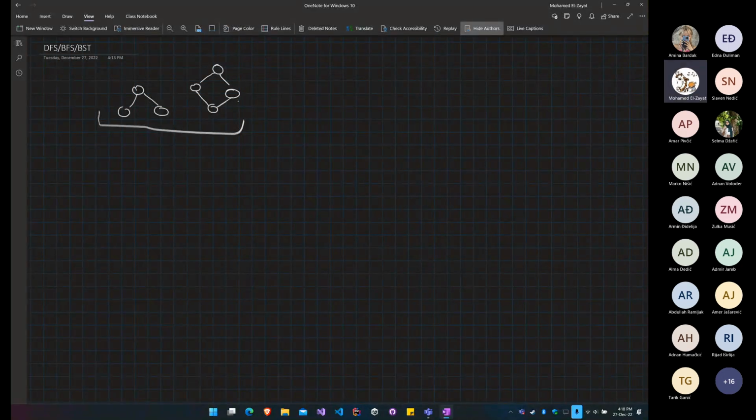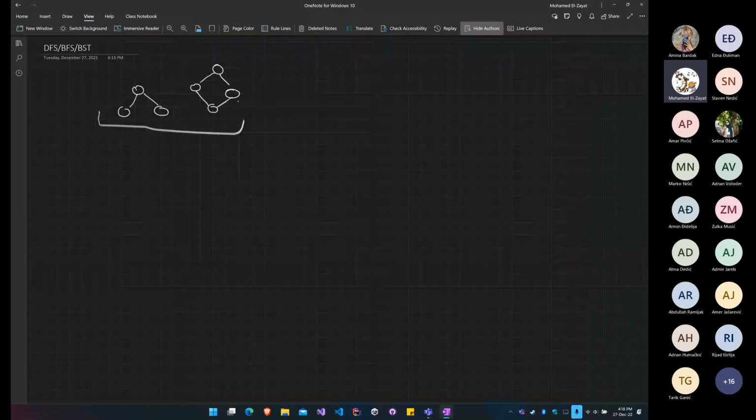In DFS, we use it like a helper method in order for us to know what are the connected components, what is the connected graph, what is exactly connected and what is not connected. So this is the job of DFS.